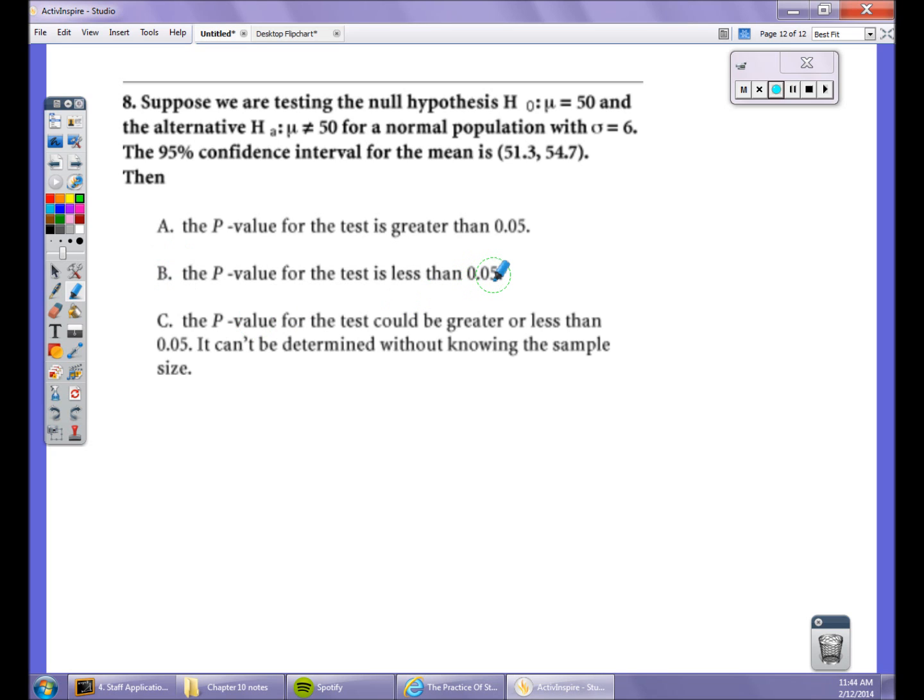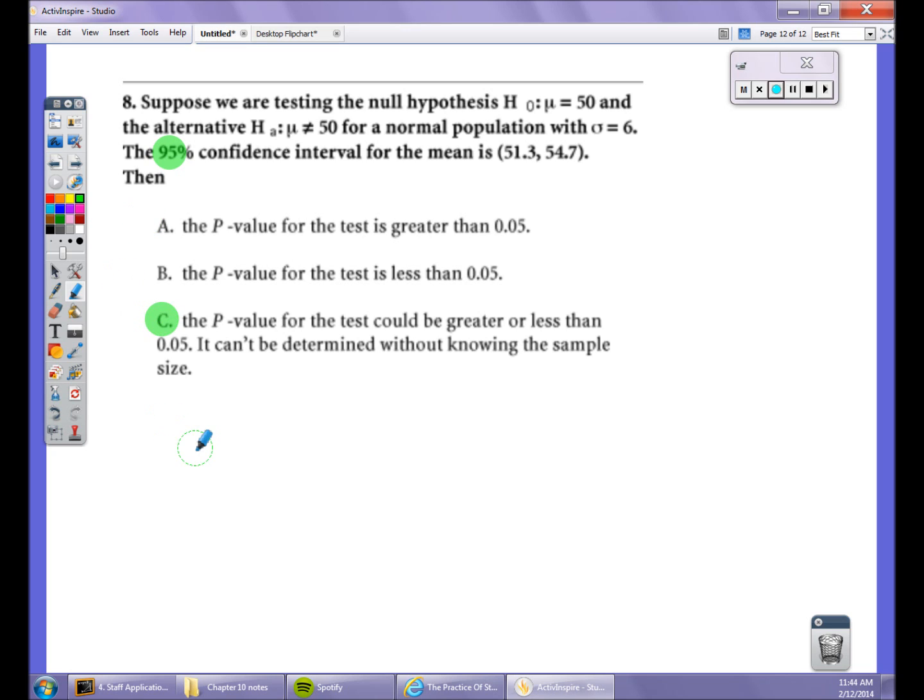They're getting the 0.05 because if the confidence interval is 95%, 1 minus that is where they're getting 0.05. However, that's the incorrect interpretation as far as finding p-values. What that is trying to do is get you to find the alpha level. If the confidence interval is 95%, the alpha level is 0.05.